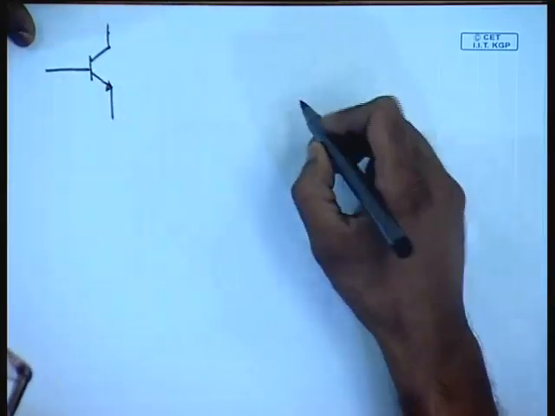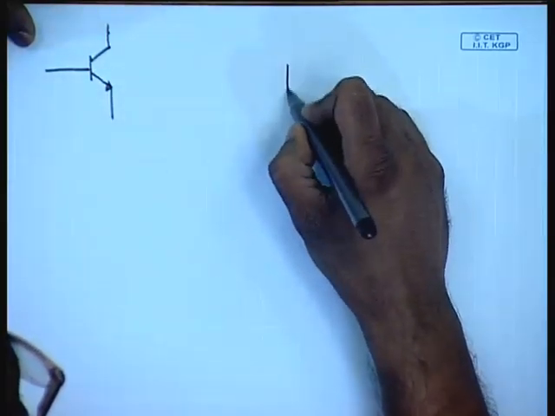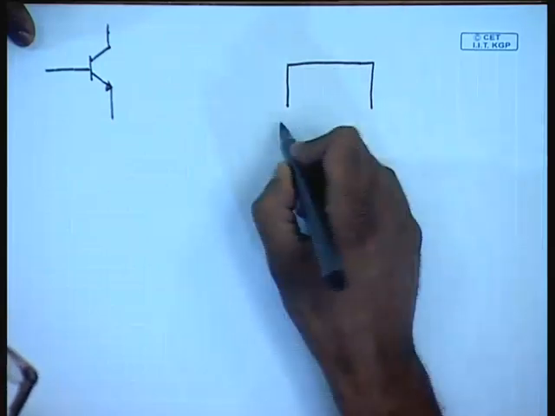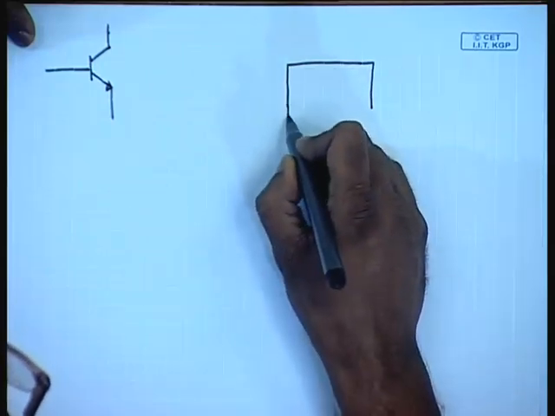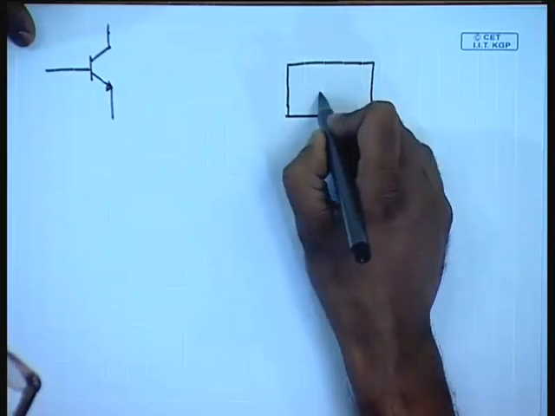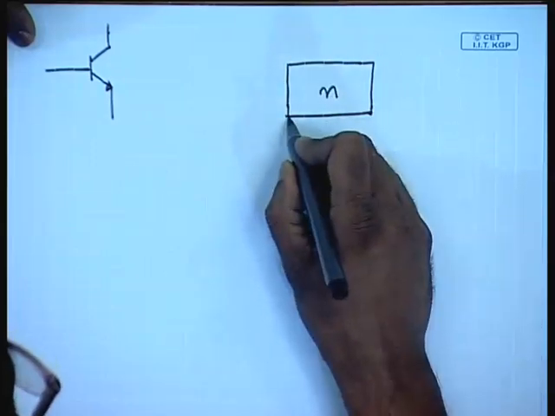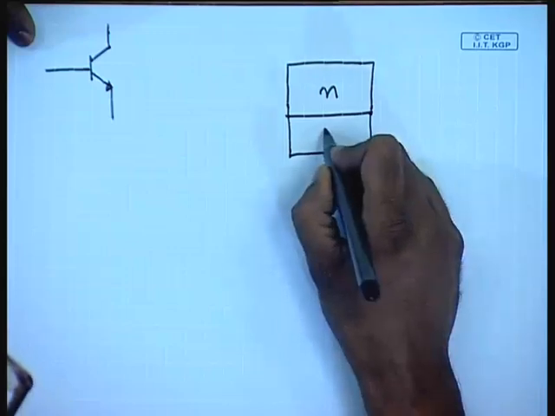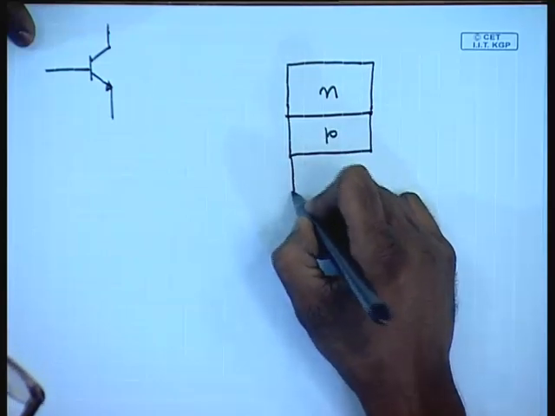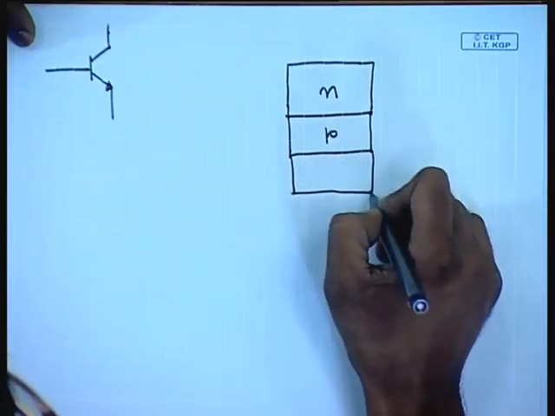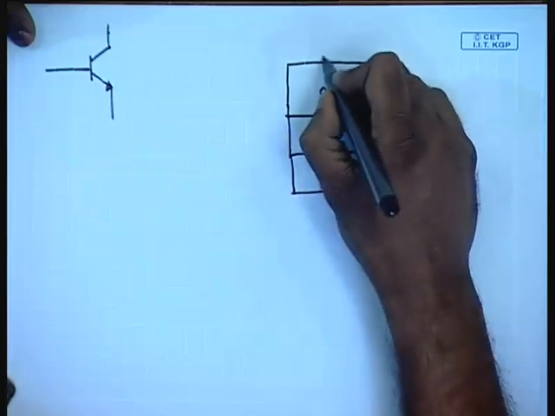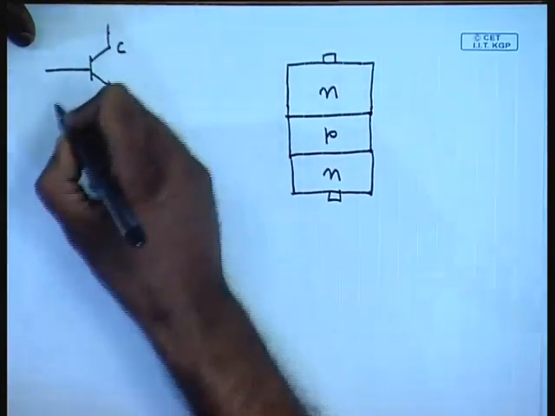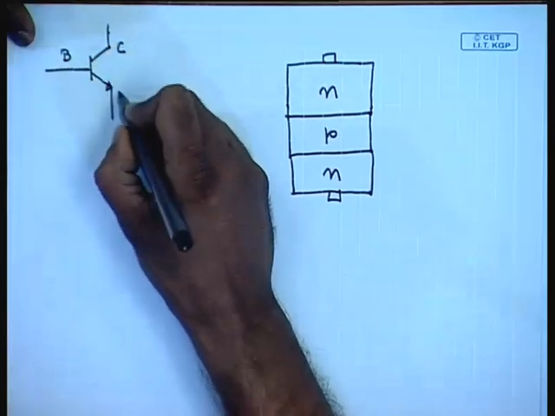This is what is called an NPN transistor. This terminal is called collector, this terminal is called base, this terminal is called emitter.